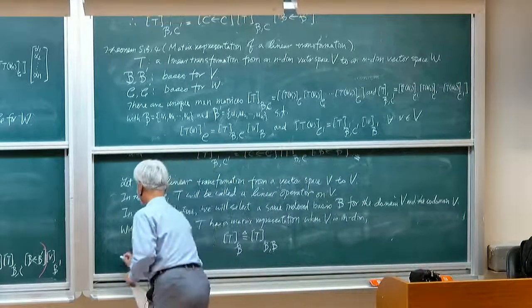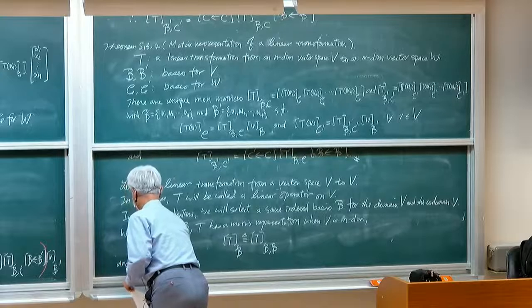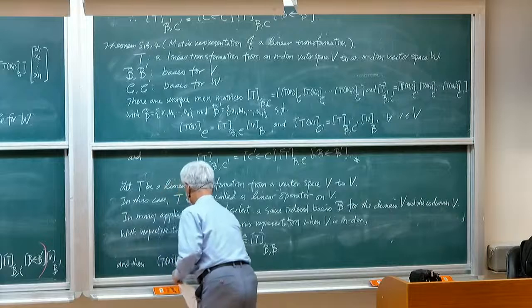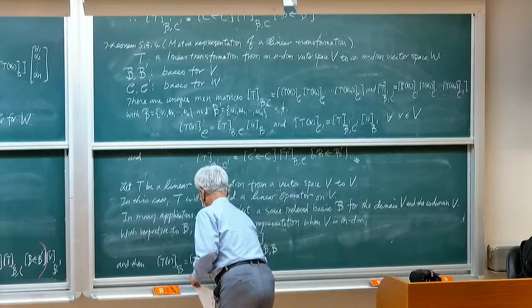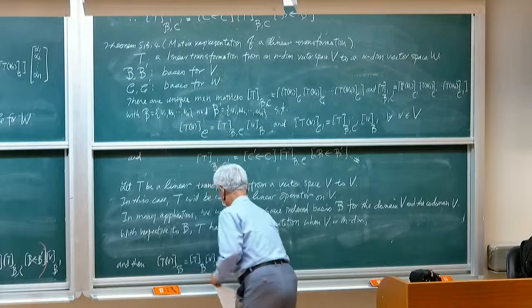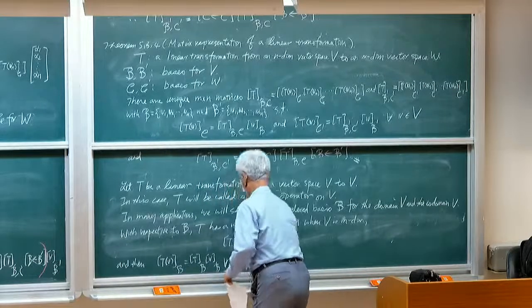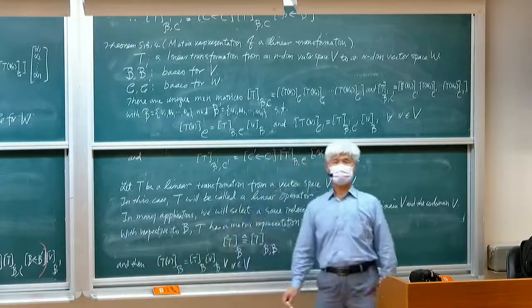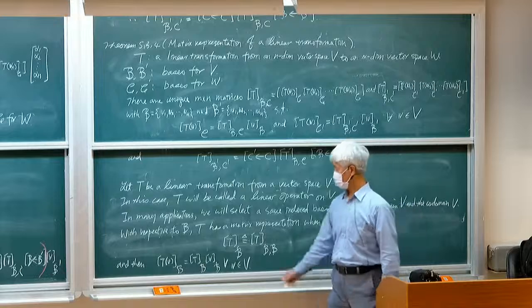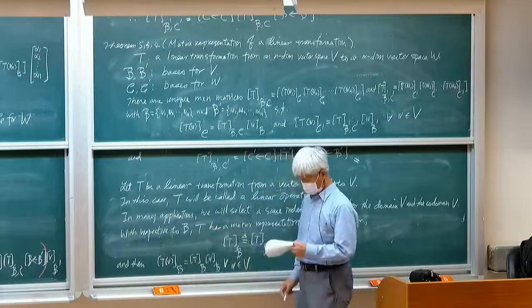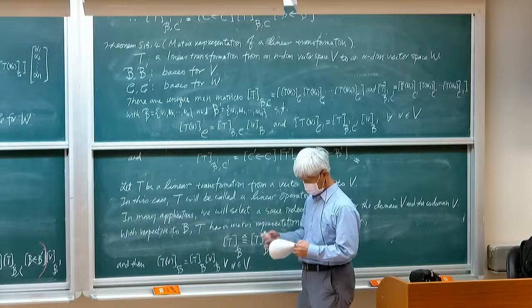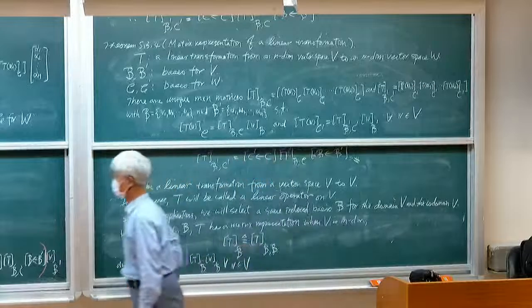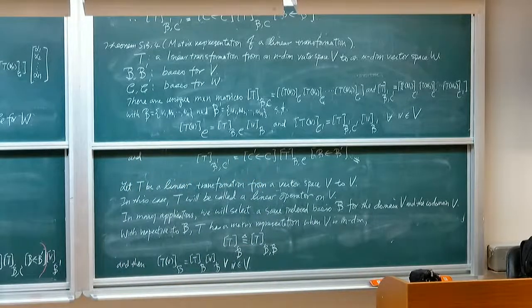Right, and then we have the coordinate of T(v) relative to B equal to the matrix of T relative to B times the coordinate of v relative to B, for all v in the vector space V. So there is only one basis considered, B, here. Okay, and furthermore, that makes things simpler.